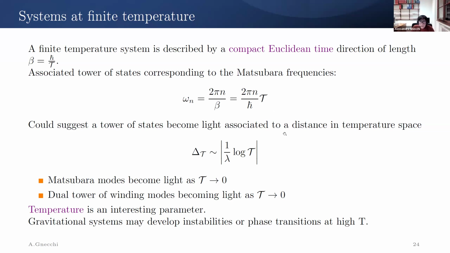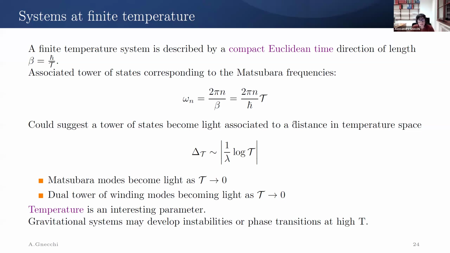And in fact, these frequencies may be associated with the tower of states that become light when we go to infinite temperature. And together with these Matsubara modes, we can assume a dual tower of winding modes in the Euclidean thermal circle. So somehow this is just to say that the temperature seems to be an interesting parameter in our system. I just told you this is true for generic systems.